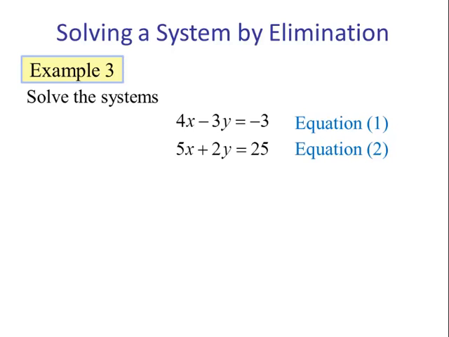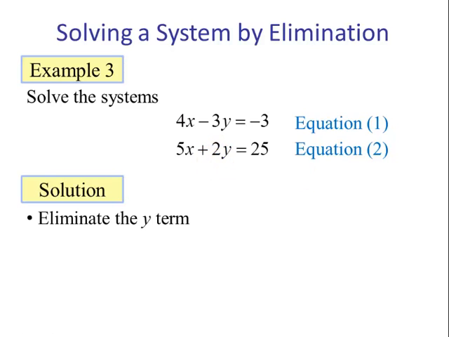Let's do an example. Example 3. Solve the systems 4x minus 3y equals negative 3, 5x plus 2y equals 25. So in this example, the coefficients are different. So if we want to eliminate the y term, this coefficient's negative 3, this coefficient's 2.